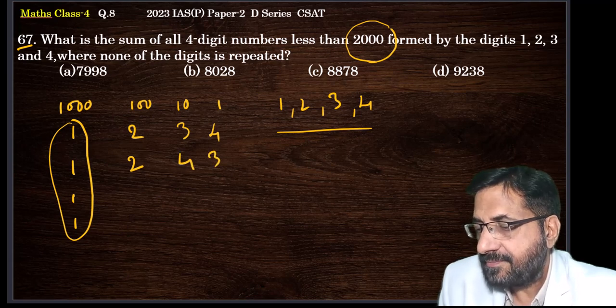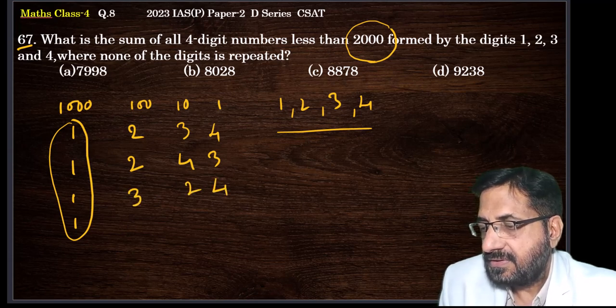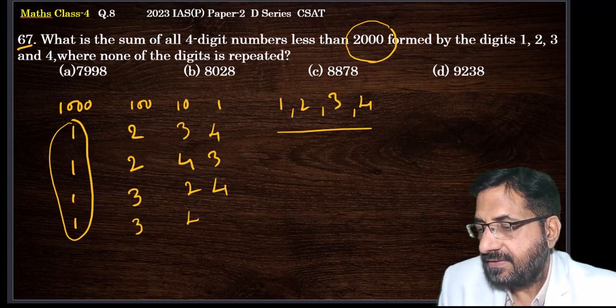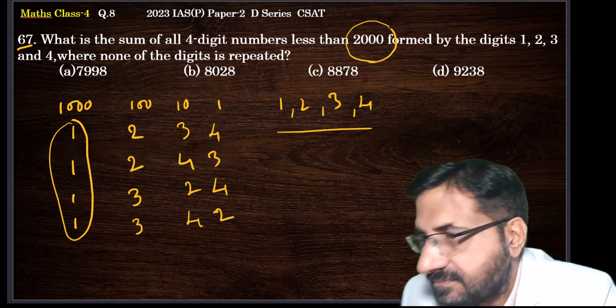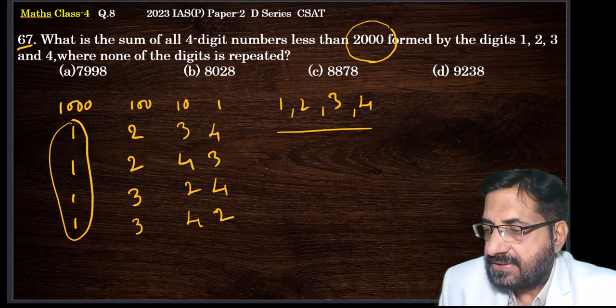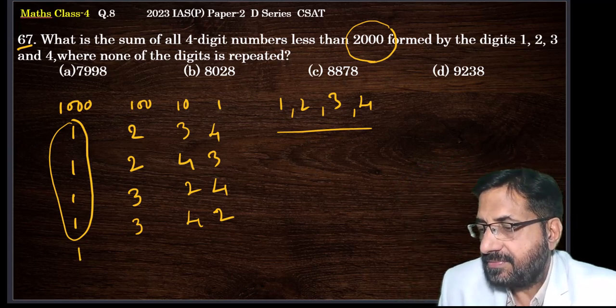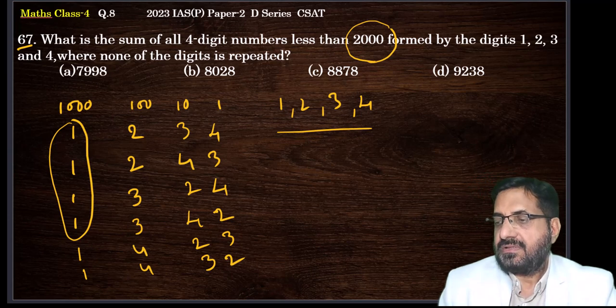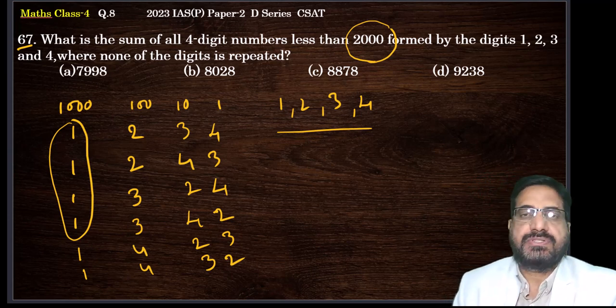So you can just keep changing these things. 1, 2, 4, 3. Next one is 1, 3, 2, 4. And what else? 1, 3, 4, 2. Next, this will remain the same. 4 is there. You can have 1, 4, 2, 3 and 1, 4, 3, 2. That's all. So 1, 2, 3, 4, 5, 6.